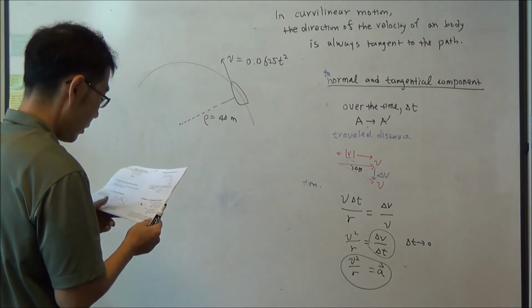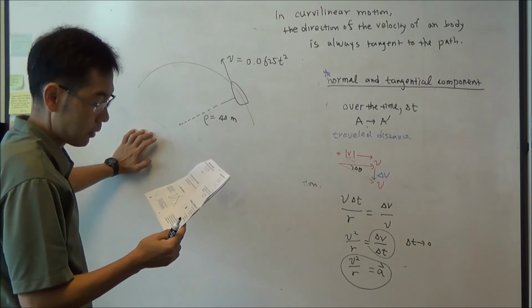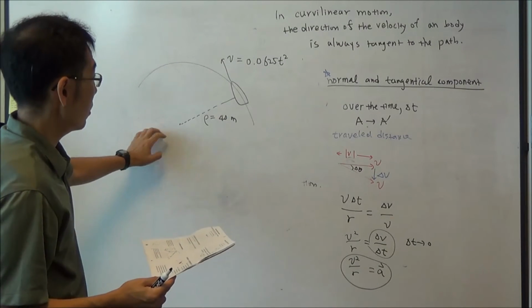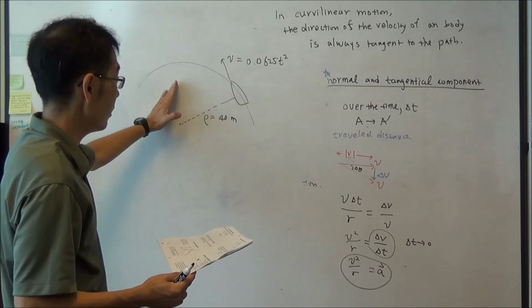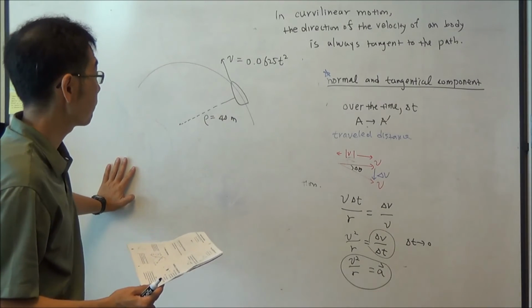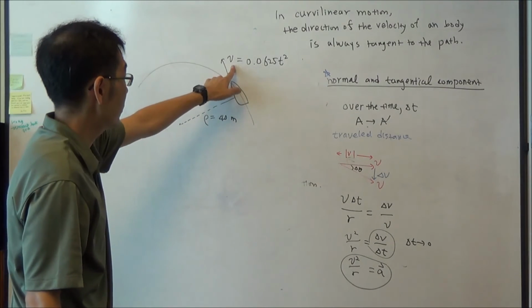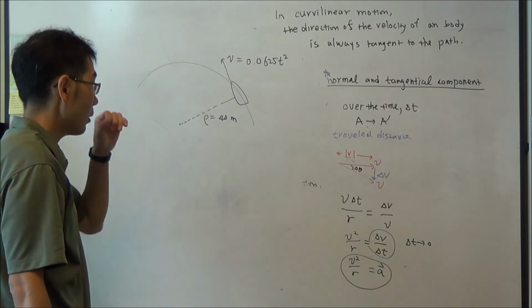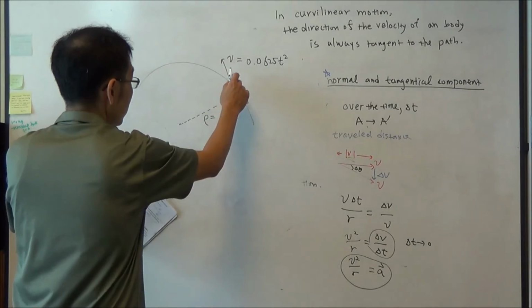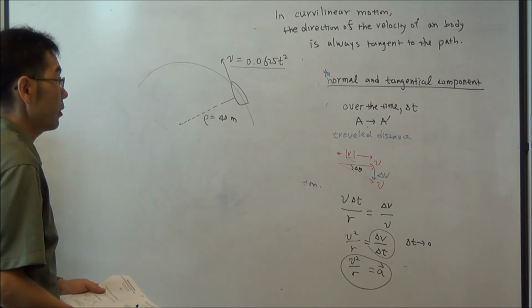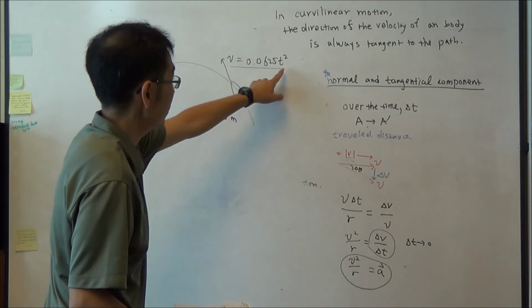Let's find the magnitude of the boat's velocity and acceleration at the instant time t equal to 10 seconds. So after 10 seconds, what's the velocity and what's the acceleration of the boat? The velocity is given by this equation, and we want to find it after 10 seconds, so we simply put in 10 here.